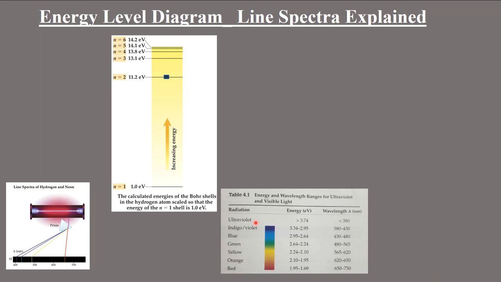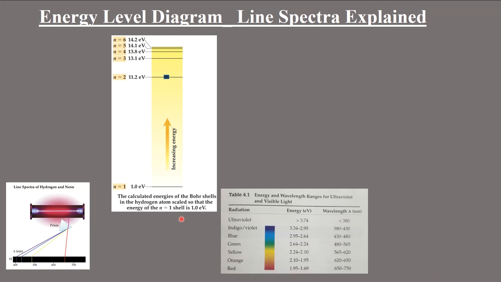hydrogen spectrum. The observed line spectrum of hydrogen shows four lines in the visible region. We have red, green, blue, and violet lines. According to this table, the red line corresponds to light with energy in the range of 1.69 to 1.95.